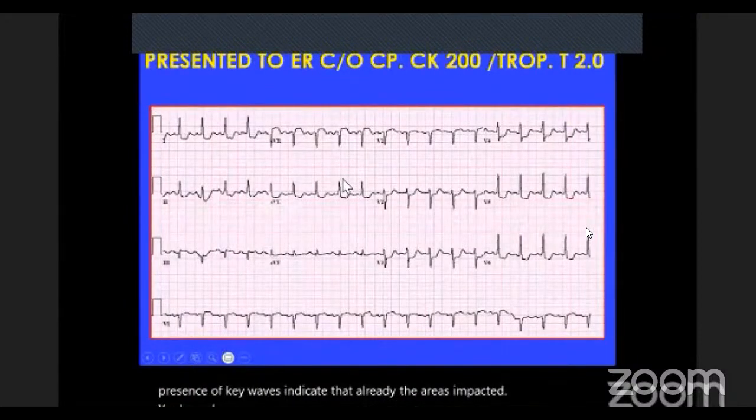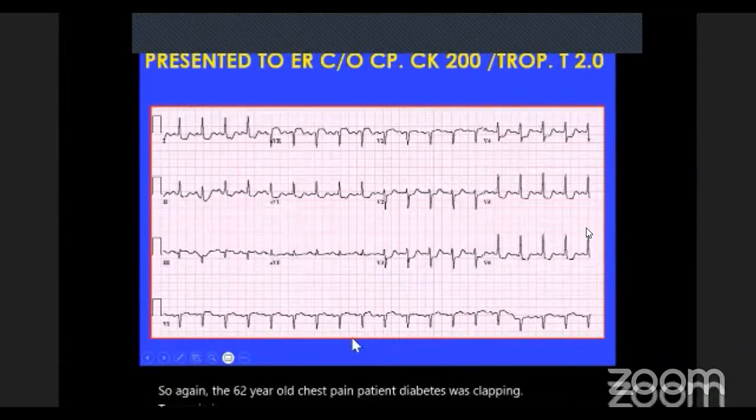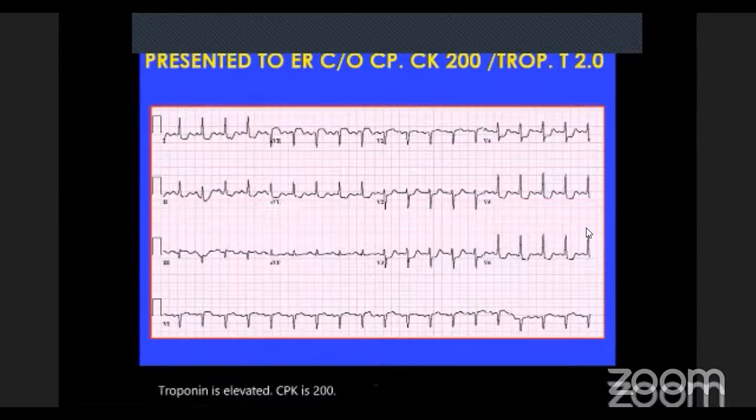So again, a 62-year-old with chest pain, diabetic patient, post-CABG, troponin is elevated, CK is 200. You mean he's fresh post-op or long time post-CABG? CABG a long time ago, but he presented now to the emergency room with chest pain.